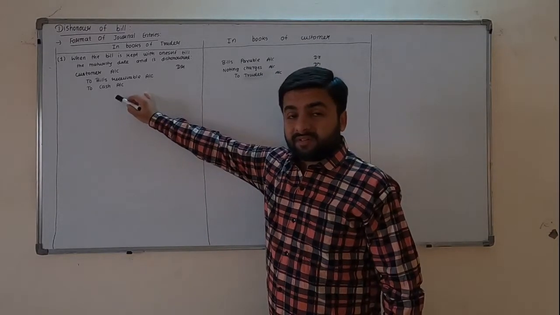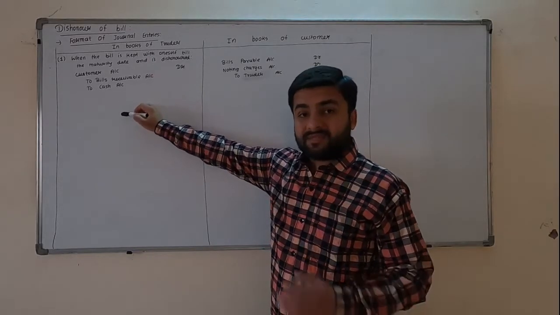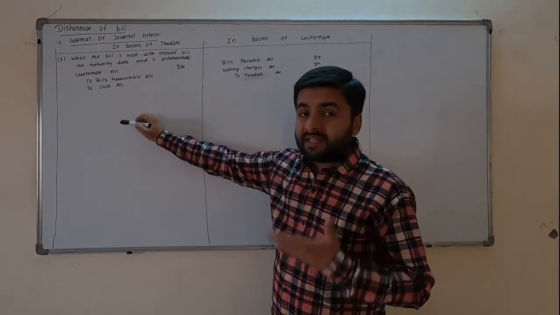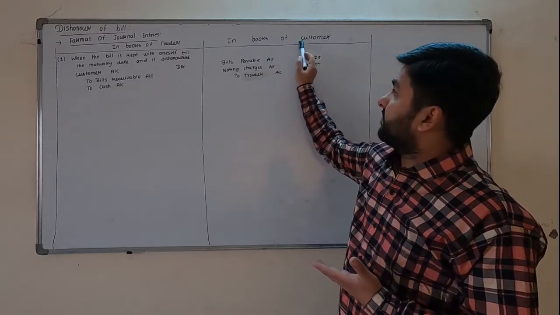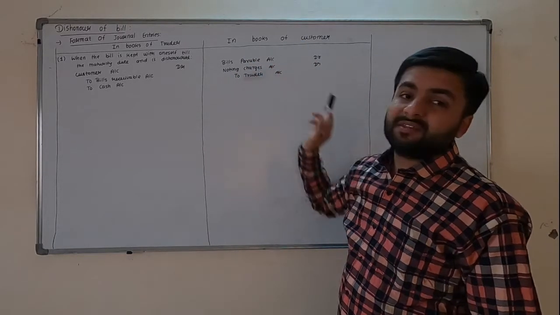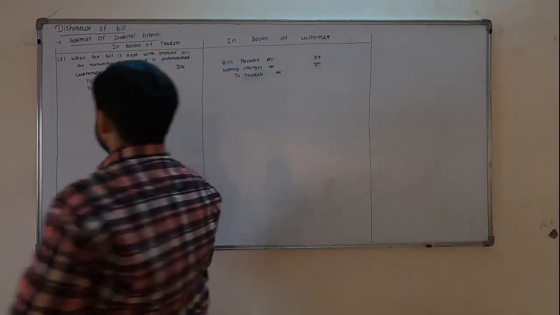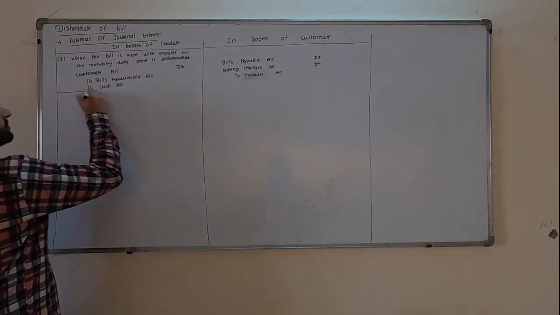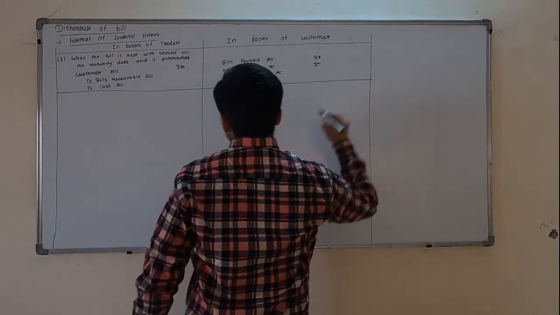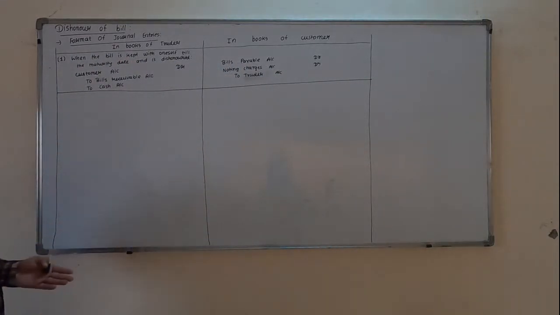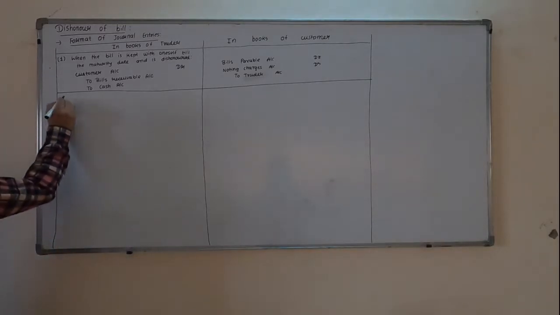Here the trader is first paying the noting charge, then that same noting charge he will recover from his customer. So for the customer it is an expense, so always he will debit the noting charges. Okay, so this was about number 1. Narration is not required because a fixed narration will be there, being bill dishonored. So I am not writing the narration.